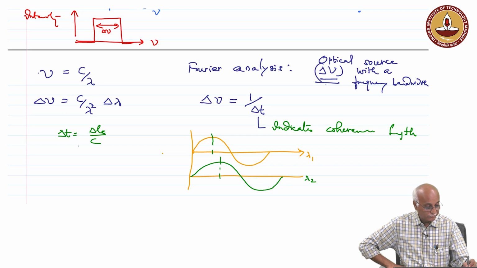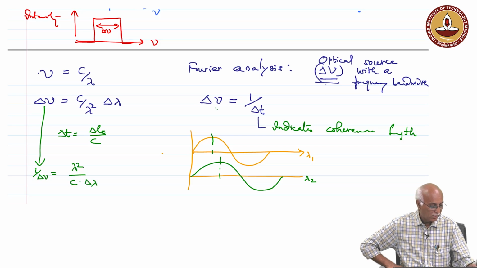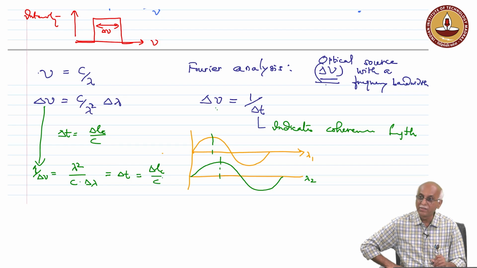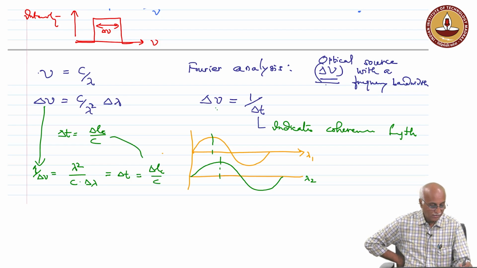So, indirectly, I can represent 1 upon delta nu as lambda square by C delta lambda, correct. 1 upon delta nu is this, which corresponds to delta t, which is nothing but delta L by C, is it not, correct, this form, is it okay.